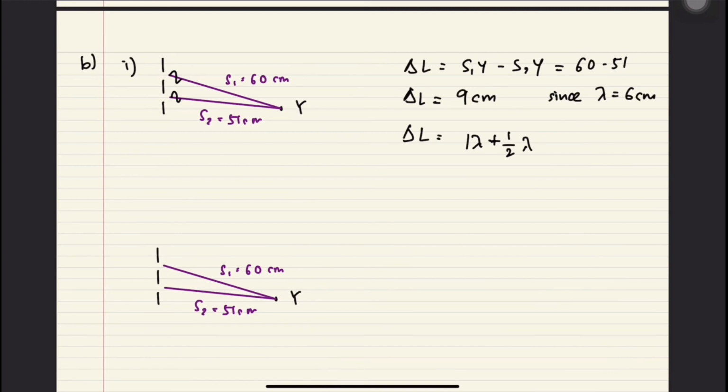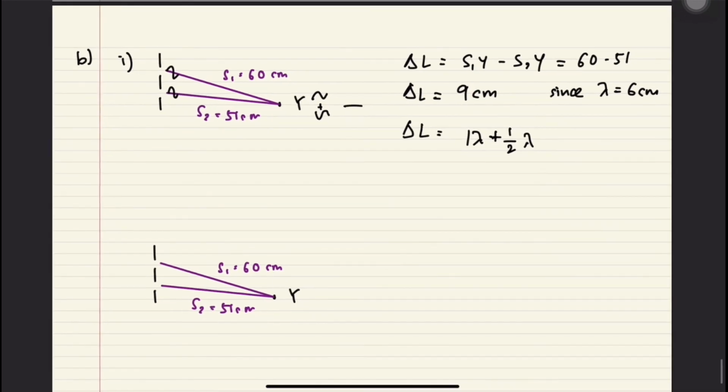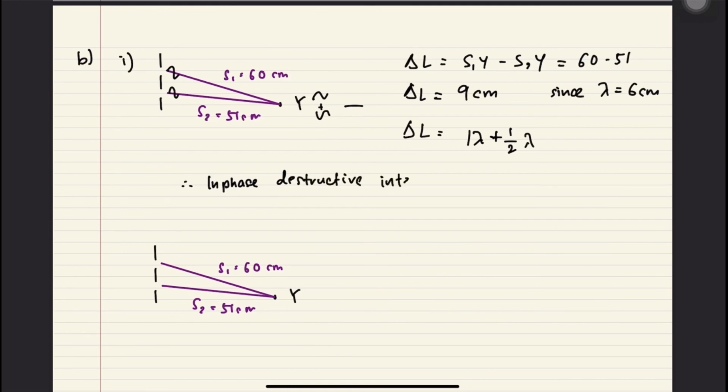When they meet over here, because there's a difference of half lambda, because the other one travels an extra half lambda, this one becomes opposite. Because it's opposite, it becomes destructive. So this one is in phase destructive interference.